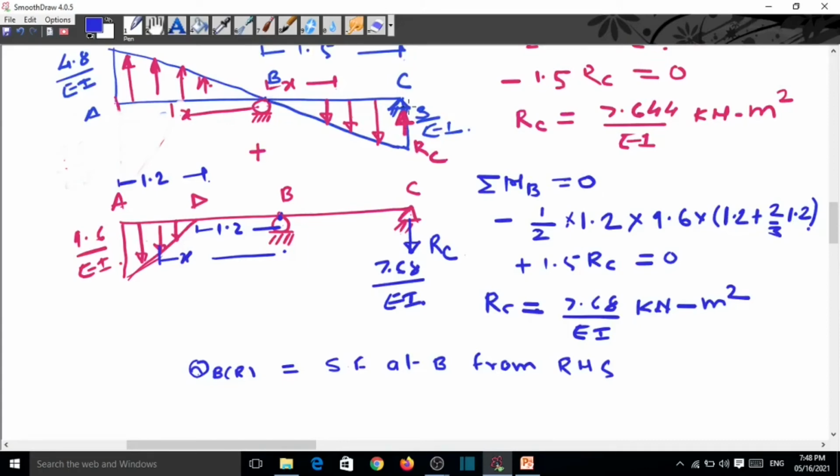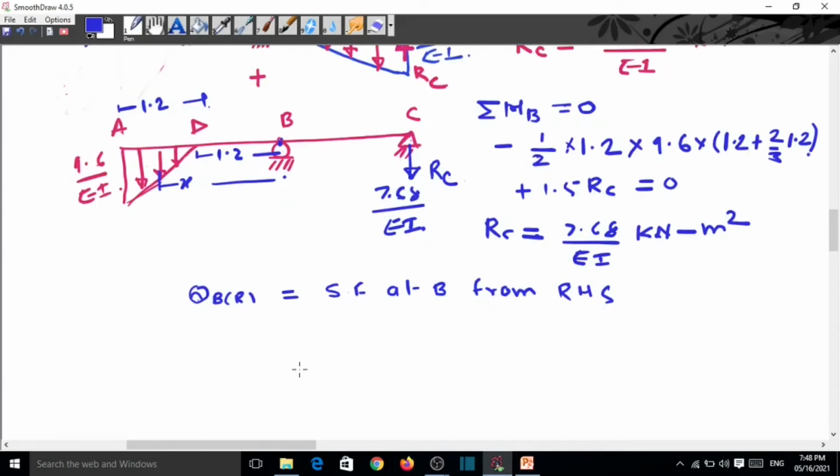So now we can say that here we know from the right side sign convention is from left side upward force is positive and left side downward force is the negative, and from right side the downward force is the positive and the upward force is the negative.